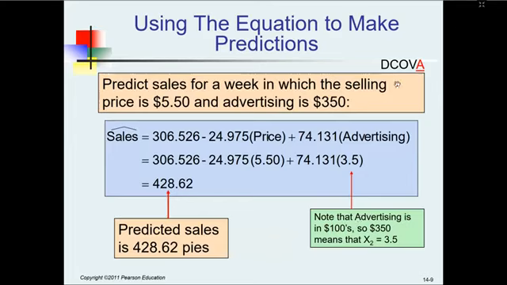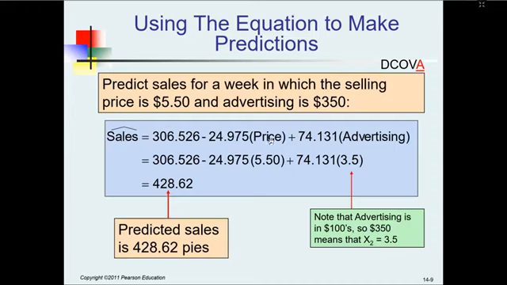So suppose the price of a pie is $5.5 and the cost of advertising is $350. They say you should predict the sales.